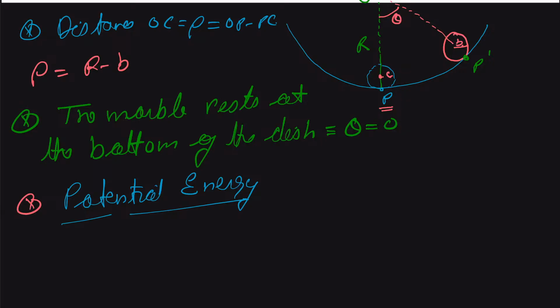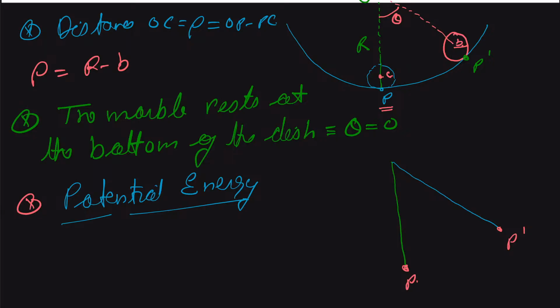And for that, let me redraw this figure. So we have this as our point P, and this point is our P prime. Okay. And therefore we can say that the vertical height of C above its lowest point.